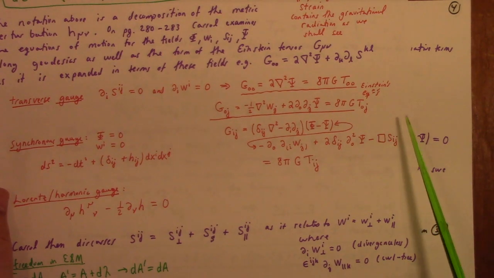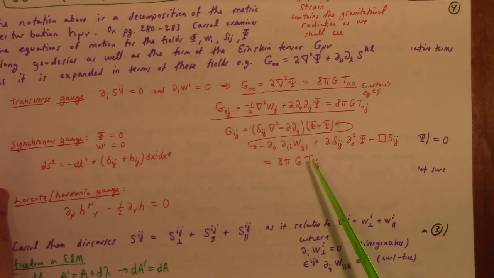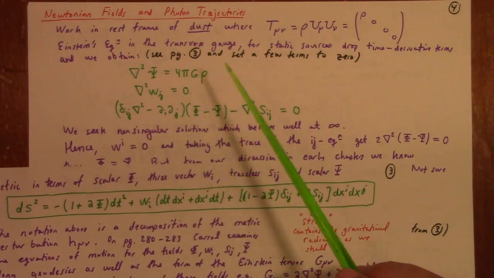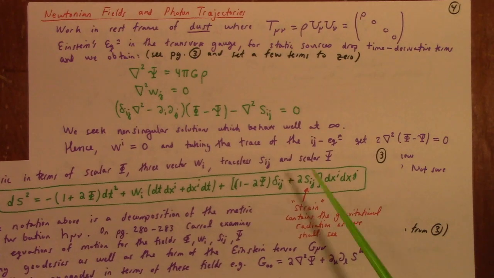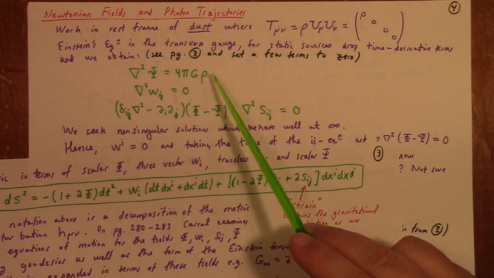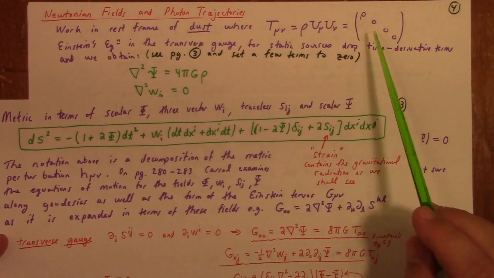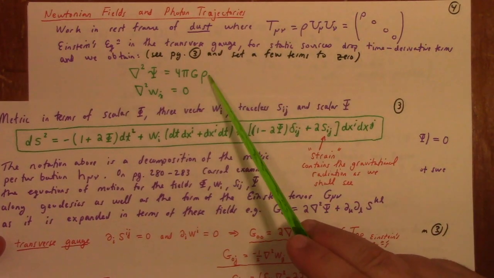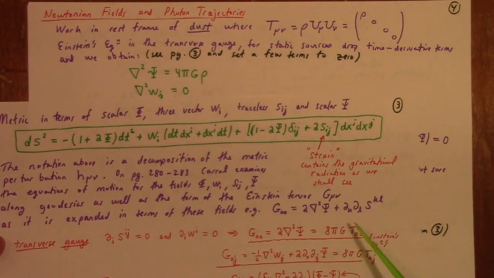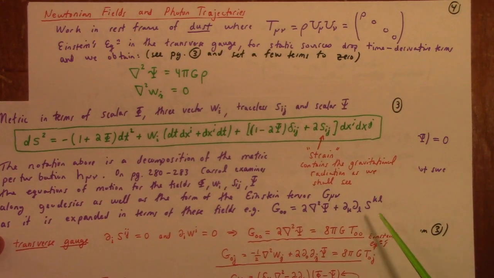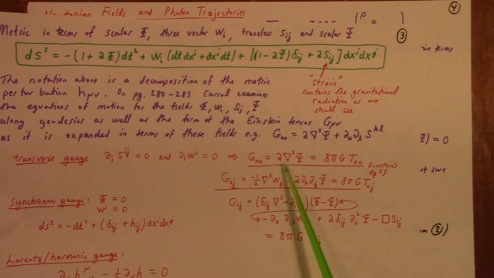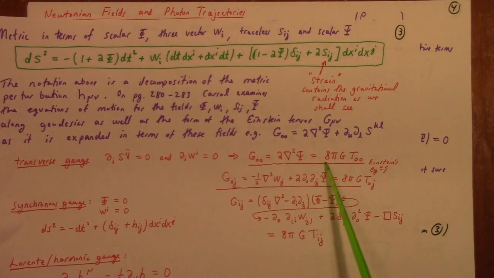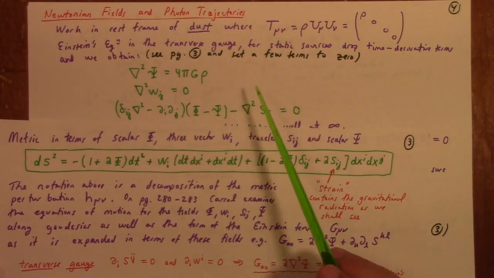He says nabla squared psi is 8 pi G T00, okay, that makes sense, right? Because you put that T00 there, there's your 8 pi G. Now there's a 2 on the other side, right? So that 2 divides over to give you this 4 pi G rho.